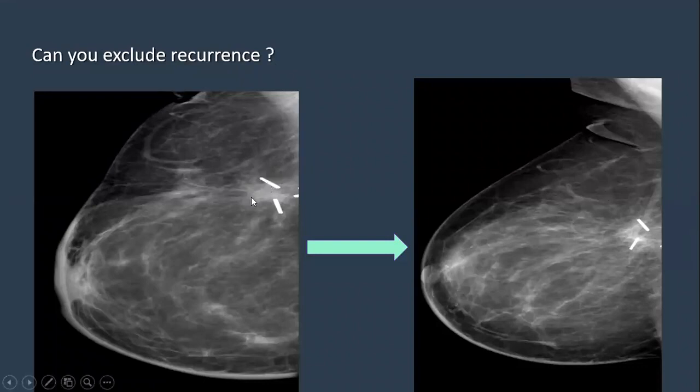If you find these stitches are displaced, the density is not much, but these stitches are being displaced far away from each other in spite of the diffuse thickening decreasing, there is spacing of these sutures. What does it mean? It means recurrence of the mass.